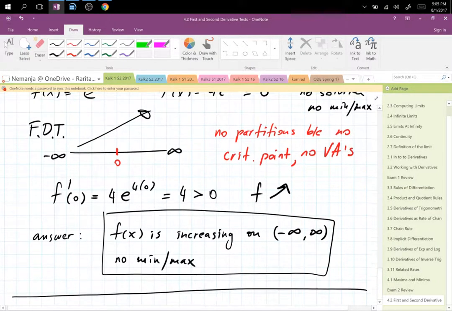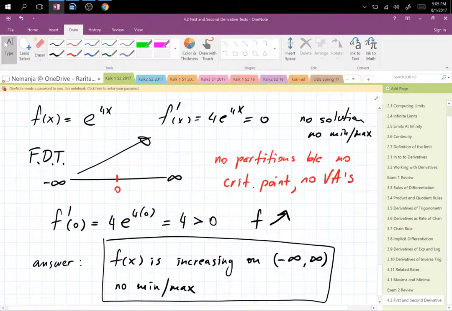So this particular problem did not have any material to do partitioning, had no critical points, had no vertical asymptotes, and we had to treat the entire domain from negative infinity to positive infinity as one single region to be tested, and we found that the function is increasing on the entire domain.